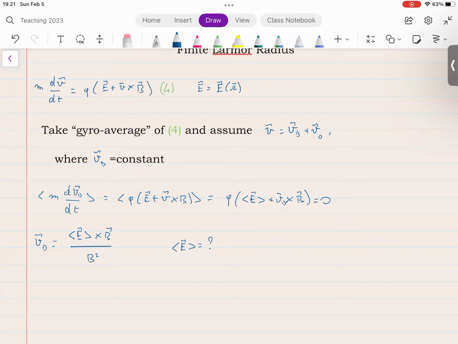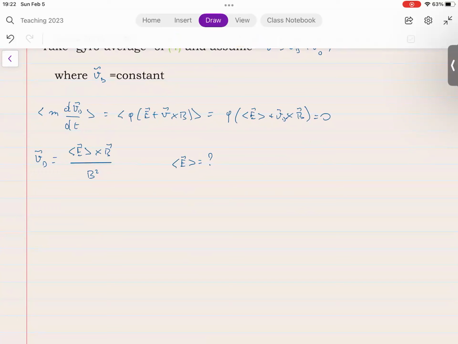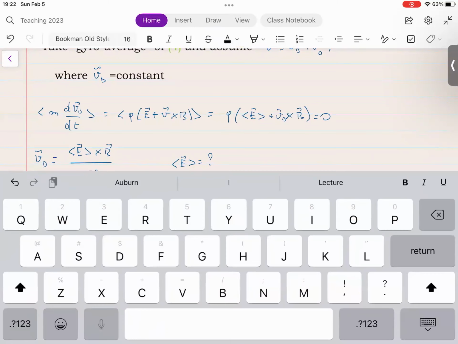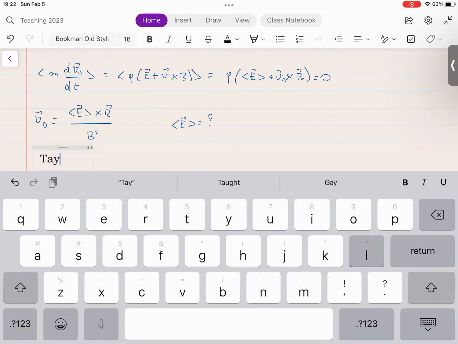Well, now here's where things get interesting. I keep saying that things keep getting more interesting. What can I do? All right. What tools do we have at our disposal to calculate that average? Well, we can do the Taylor expansion.